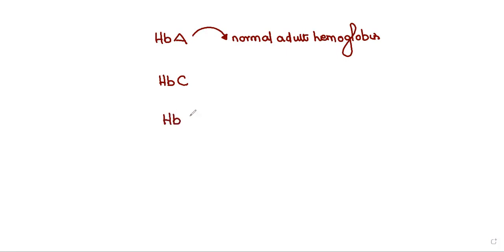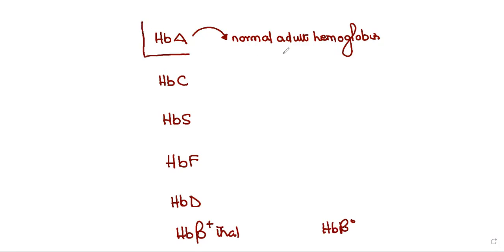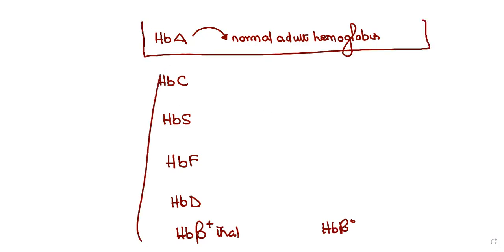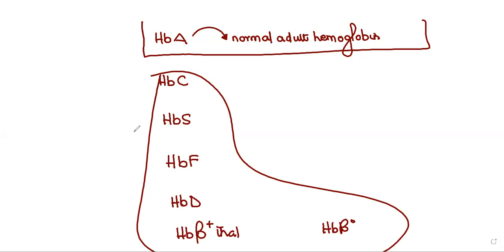Hemoglobin S. Then for the fetus, we have hemoglobin F. You can have hemoglobin D. You can have hemoglobin beta naught or beta 0. Do you understand my point? Yes, Doc. And for an adult, this is what you should have.